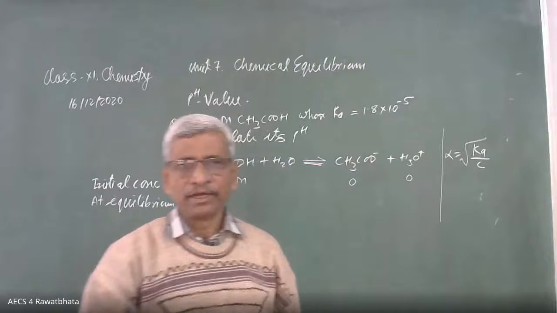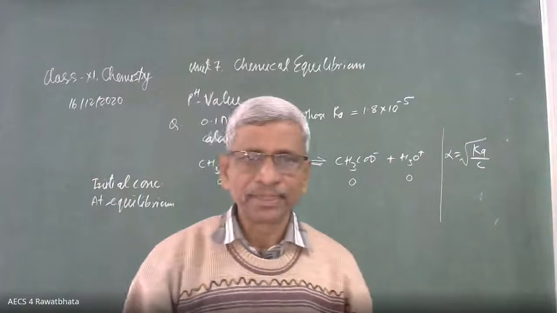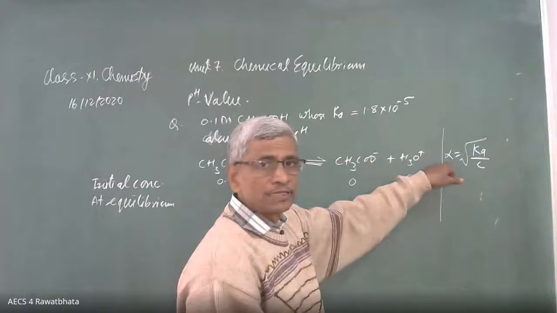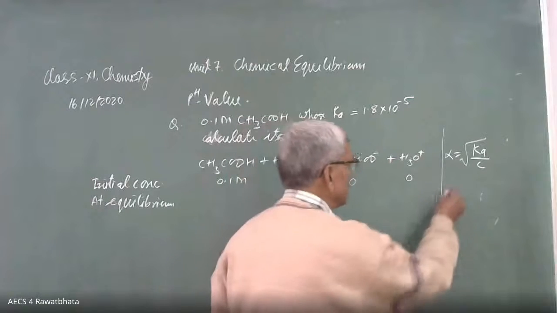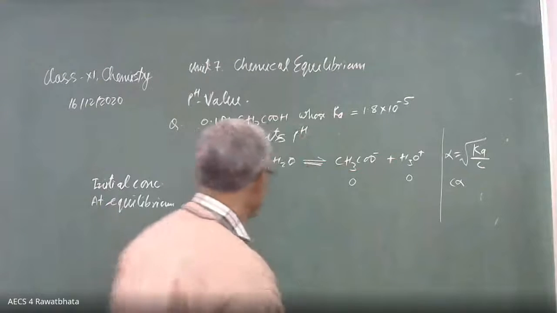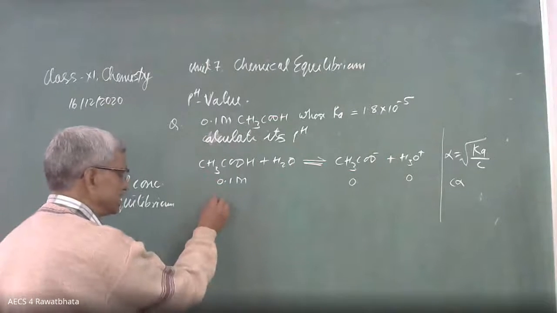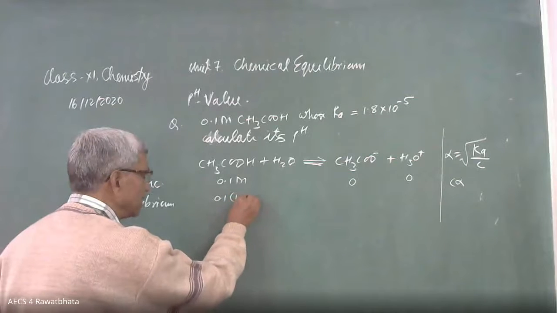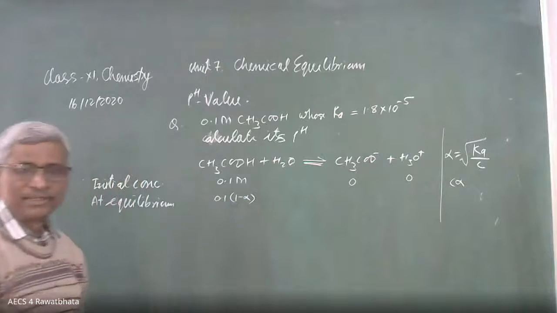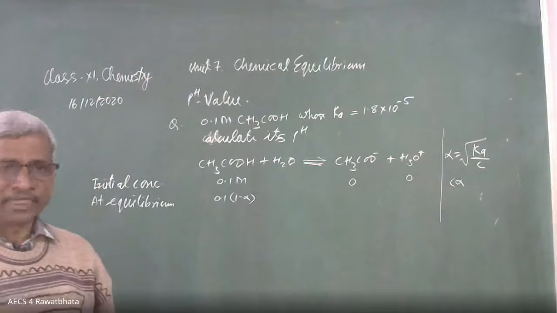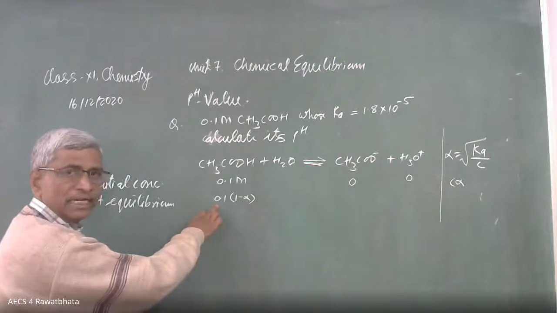At the beginning of this second part of the chapter, ionic equilibrium, I have discussed this degree of dissociation. And C alpha is the concentration. Its concentration is 0.1, then 1 minus alpha. C minus C alpha can be written as C in bracket 1 minus alpha. I have written like that directly.